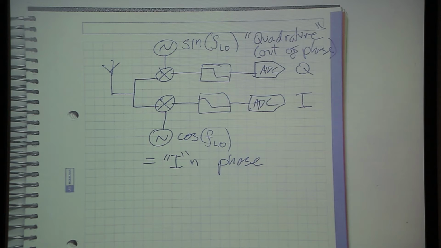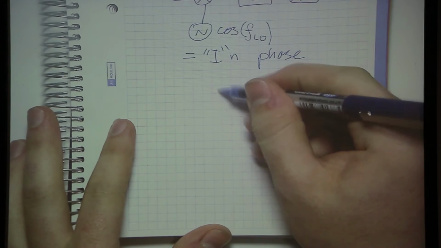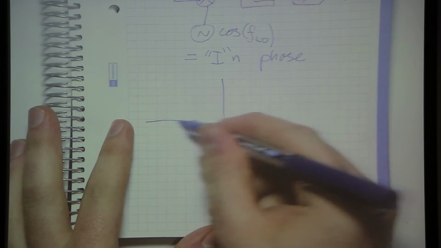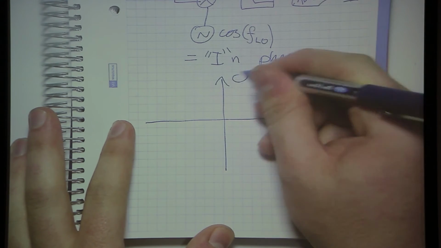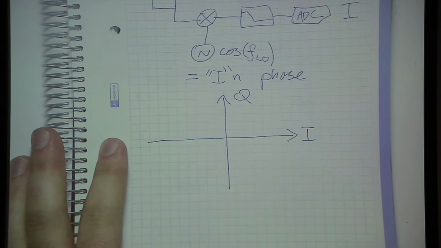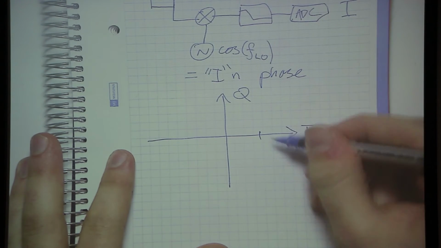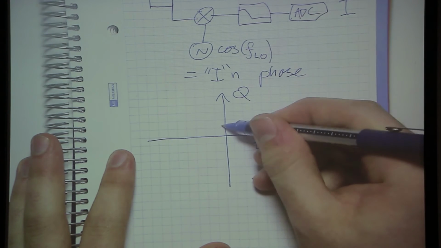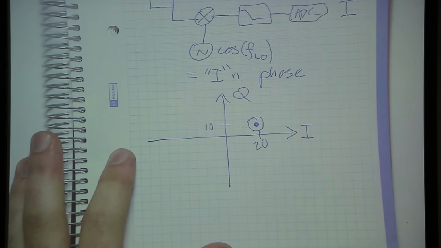Instead, we draw both I and Q at the same time on a single chart, which represents one moment in time. So if I draw a plot here, where on this axis I have I, and on this axis I have Q, then at any moment in time, the signal we receive is some I and some Q. So if in this case the I number was 20 here, and the Q number was 10 here, then the point we have is this point here.